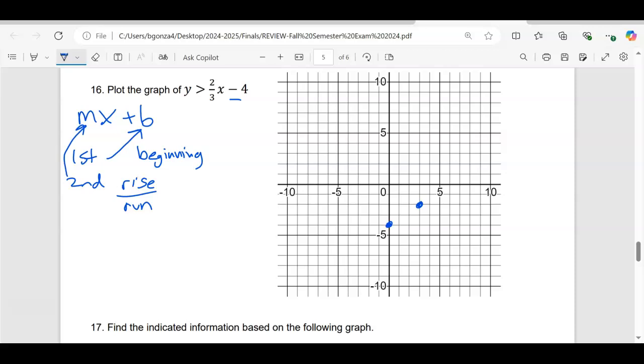Make a nice straight line. Now, what I just did was wrong because this is dashed because it's not underlined.